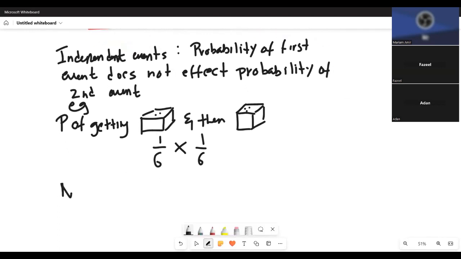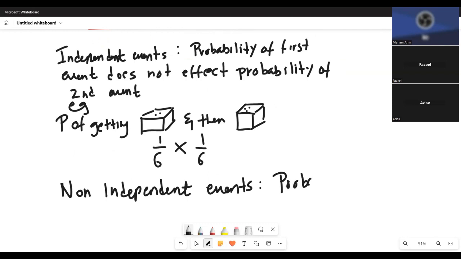What are non-independent events? Actually, I should not have written probability here. I should have written occurrence of first event. The occurrence of the first event does not affect the probability of the second event or occurrence of the second event.